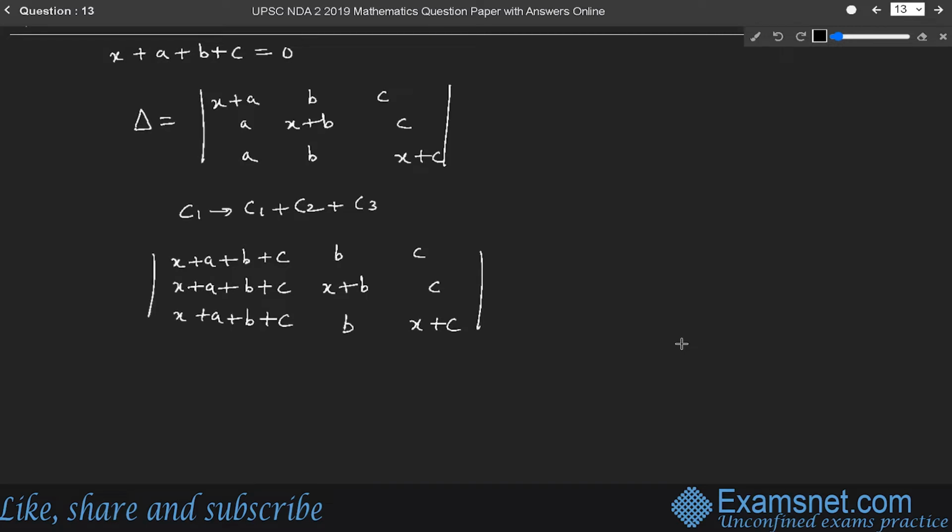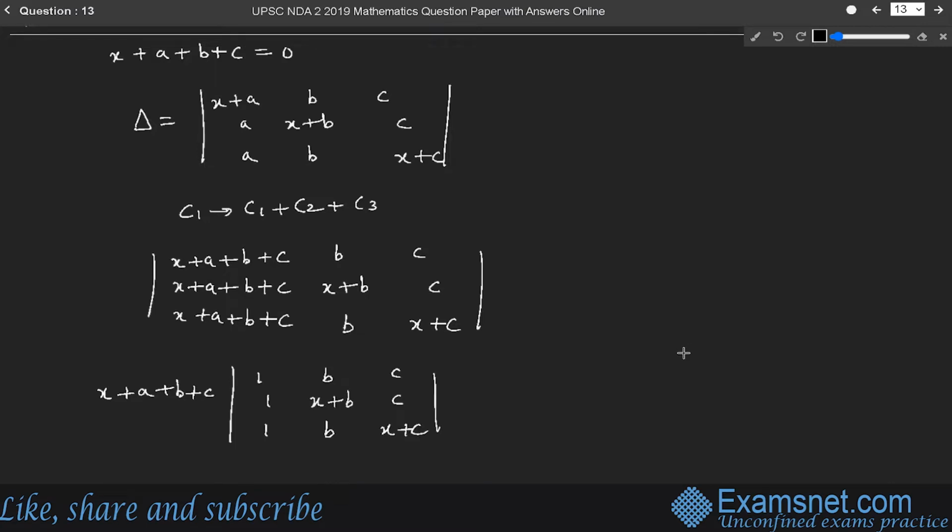Now, taking x plus a plus b plus c common, the remaining terms will be 1, b, c, 1, x plus b, c, 1, b and x plus c.